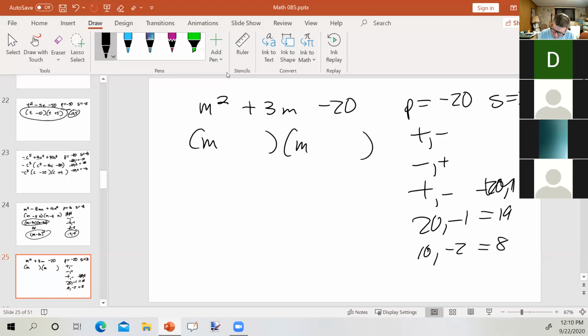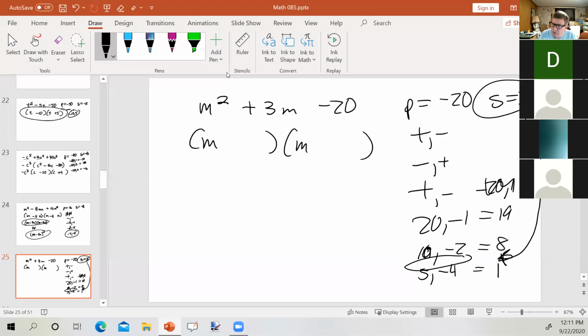10 is even. Cut it in half and double that, and I get a product of negative 20 and a sum of 1. Well, once again, I've gone too far. This would be right in between there, wouldn't it? So that means my two numbers, one of them has to be between 10 and 5.